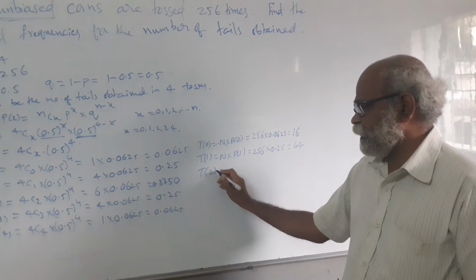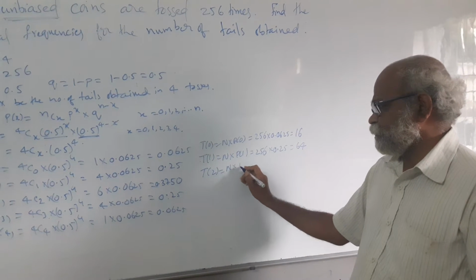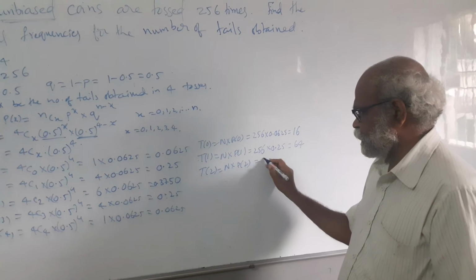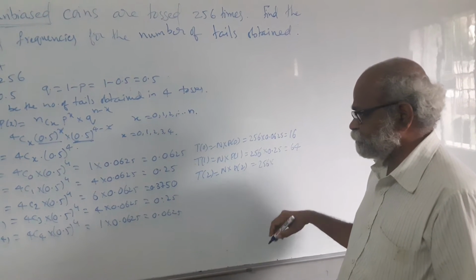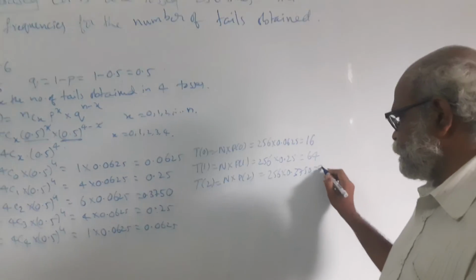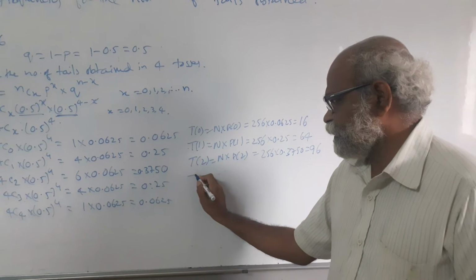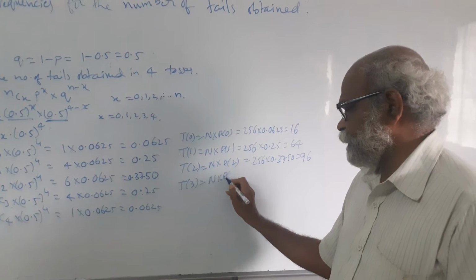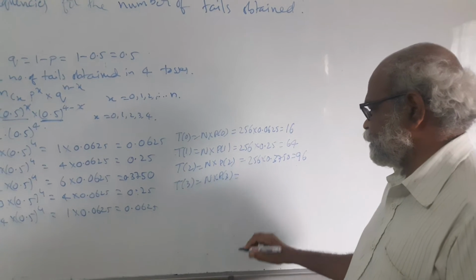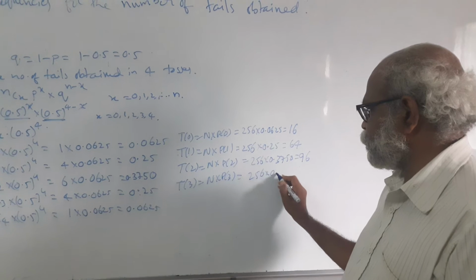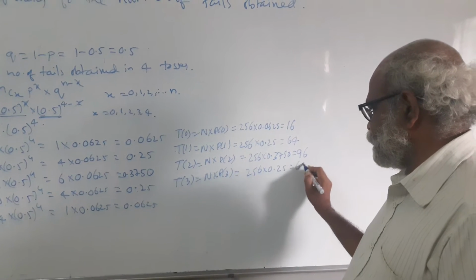Then T2 is N into P2, that is 256 into 0.3750, 96. Then T3 is N into P3, that is 256 into 0.25, 64.